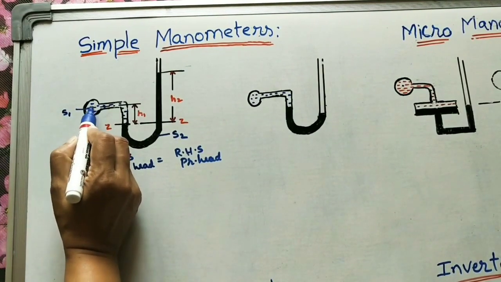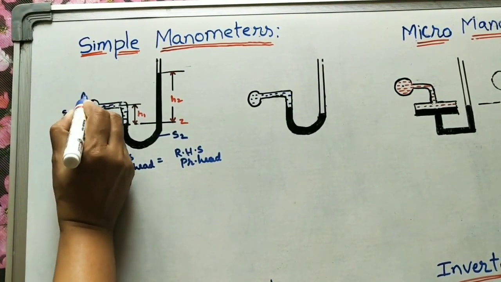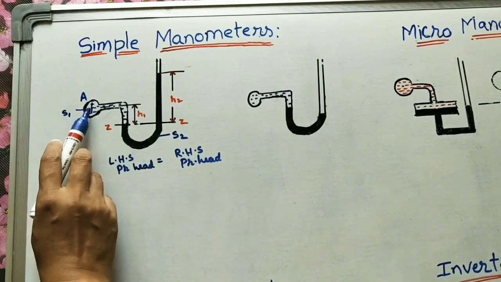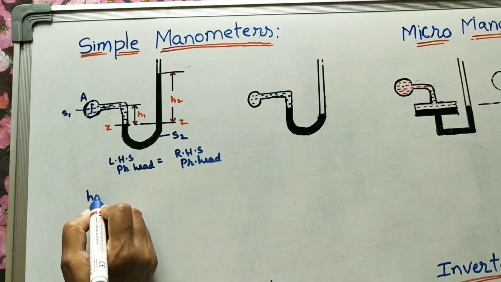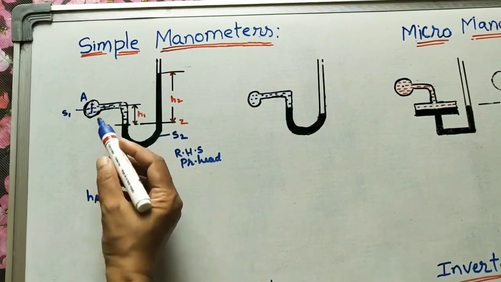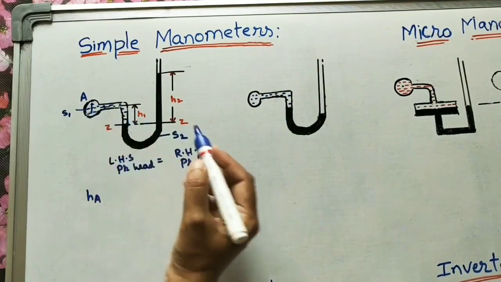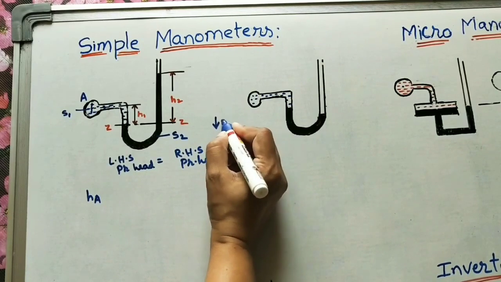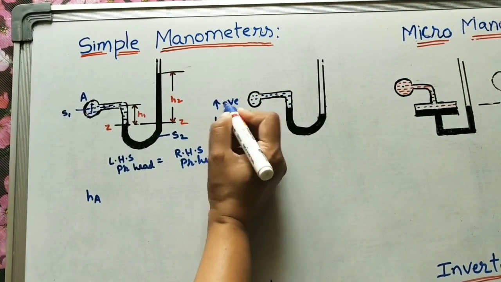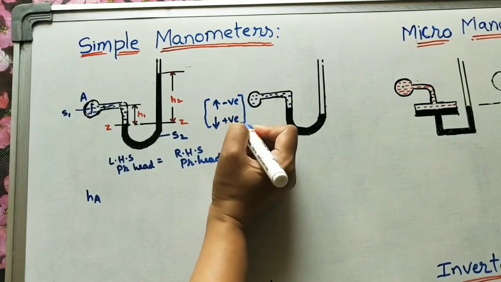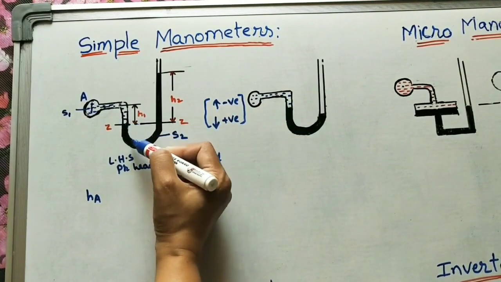I am taking this as point A. I am writing here, the pressure head at point A on the left hand side, we are taking as HA. Let us assume like that. Now, below the bulb, always consider positive, and above the bulb, heights are negative. Assume like that, because in this direction we are taking plus.